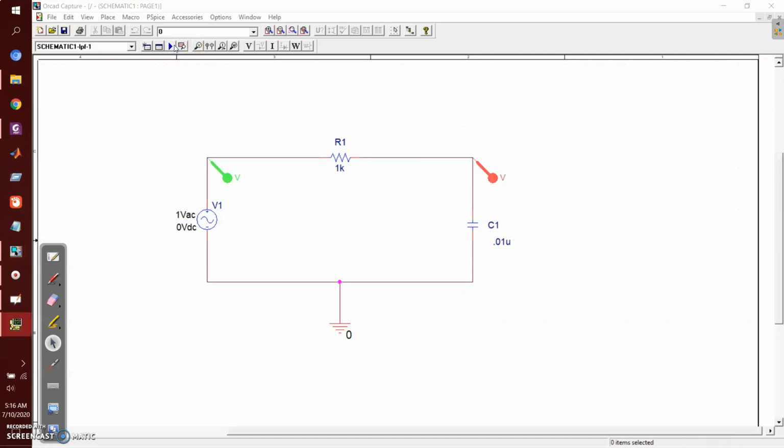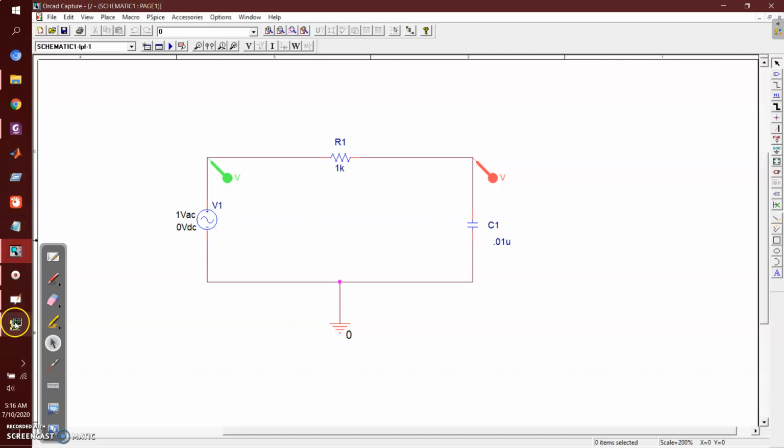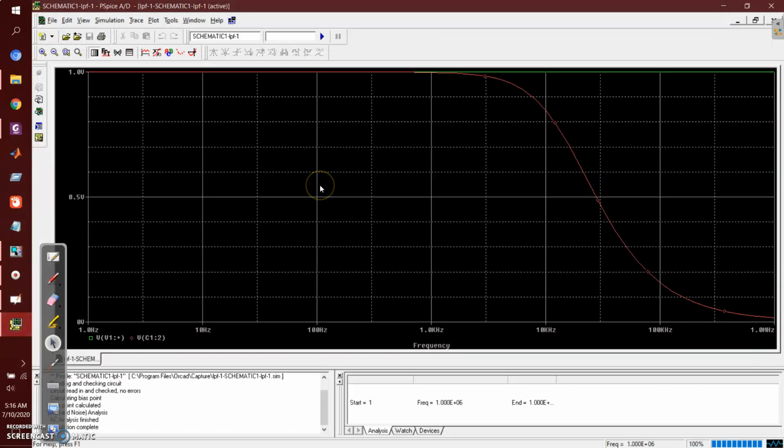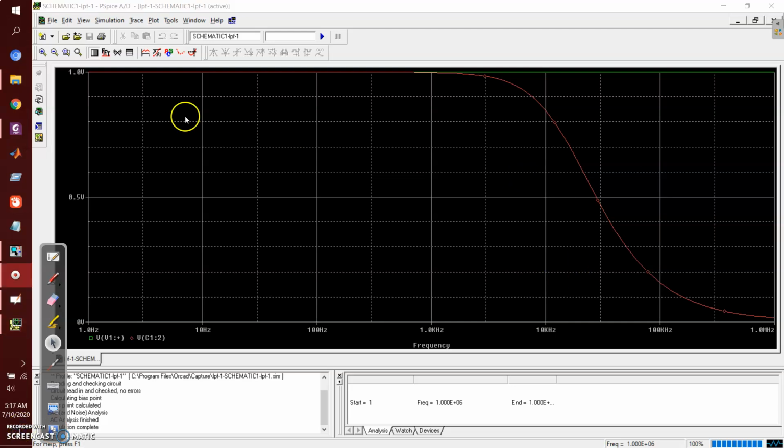Let's see the output. You can see the green one was my initial input signal, that was my 1 volt, and this is my output signal up to 1 megahertz. You can see it is cutting out in this portion. This is my 70%.